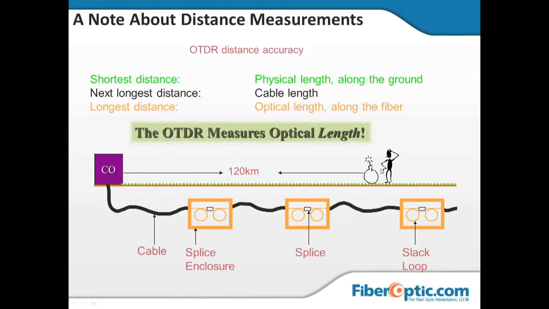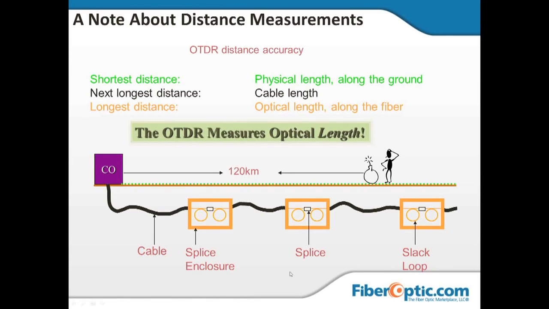So having good drawings, having some kind of good asset management so that you keep up with where all of your slack is and your helix factor, that's going to give you the correlation between the length of the glass, which is what the OTDR is going to shoot, and the length on the ground, an actual location on the ground.